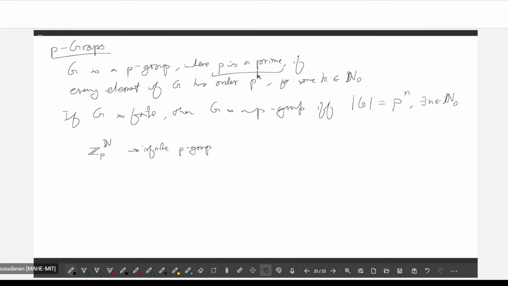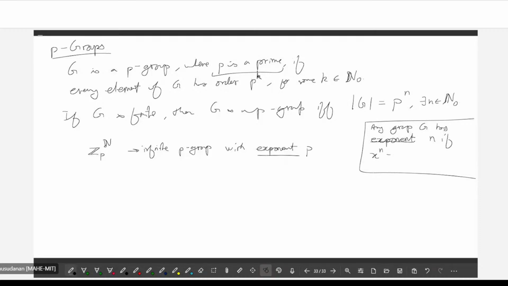This is a particular group with finite exponent. It's an infinite group with exponent, what is it?